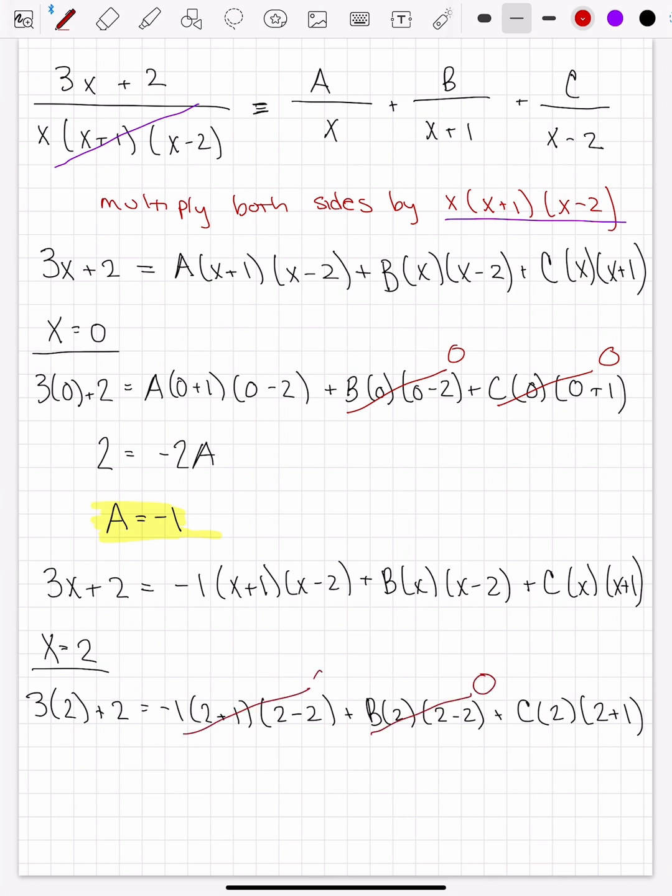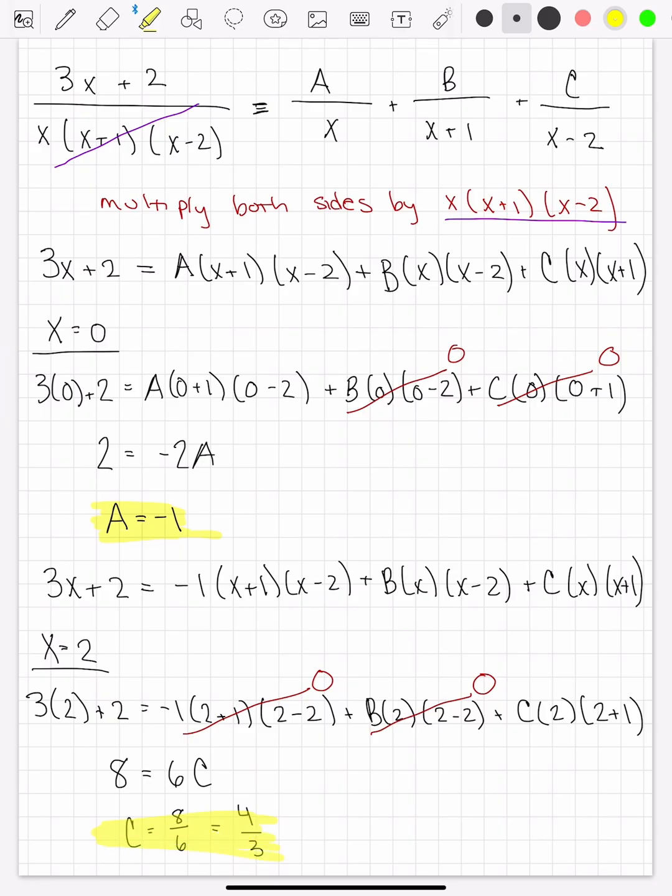So both of these terms are going to become 0. So I have 3 times 2 is 6 plus 2 is 8 is c times 2 times 3 is 6c. So that's c is 8 over 6 when I divide both sides by 6, and I can reduce that to 4/3. So that's our c.